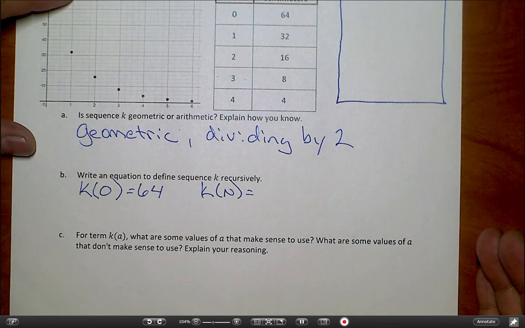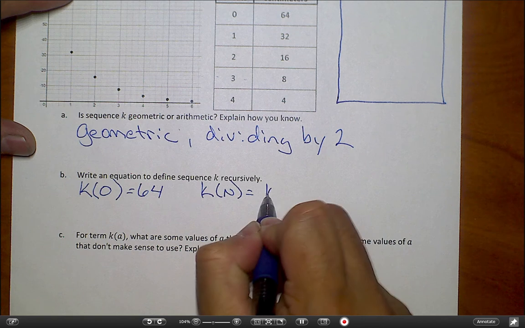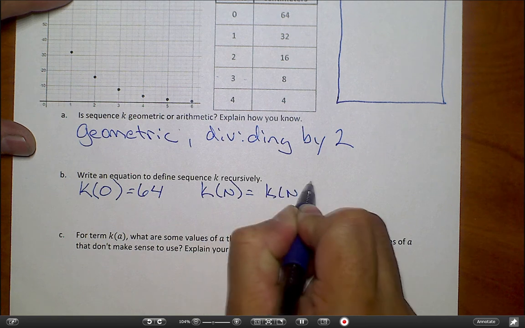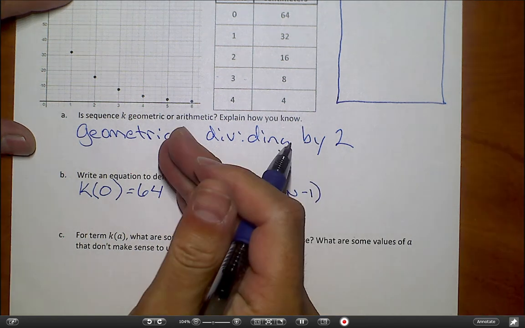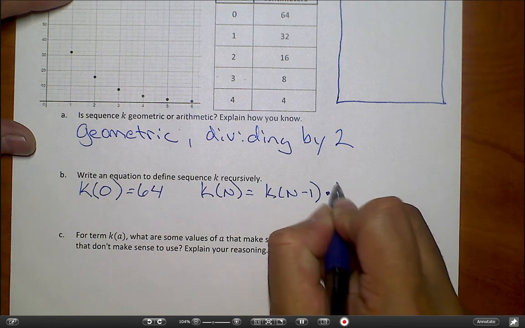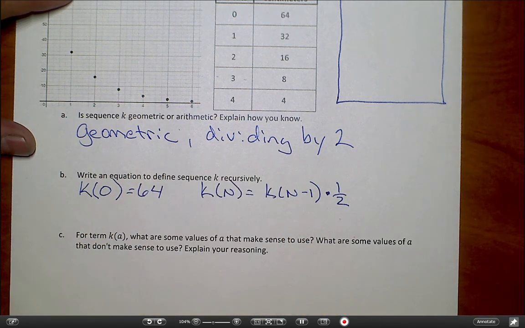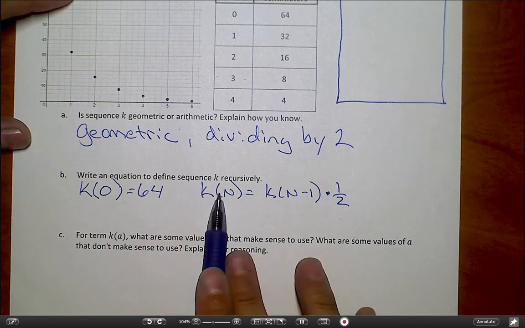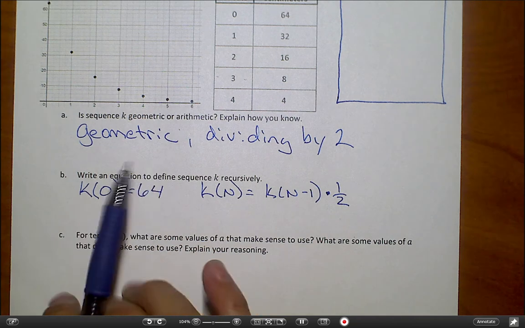Remember, it's recursive. So I have to state that it's going to be K of n minus 1, which is my previous term. And what am I doing to that previous term? Divided by 2. I'm just going to write multiply by 1/2 because it means the same thing. Very good.